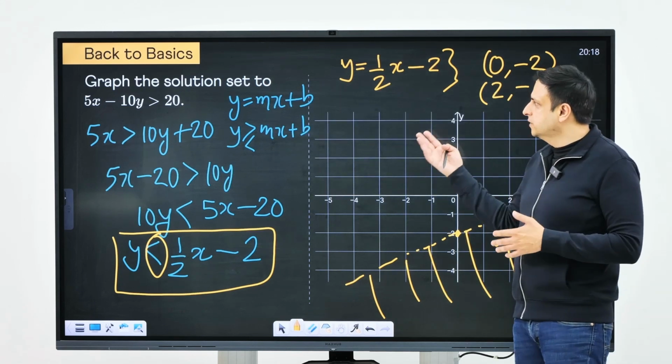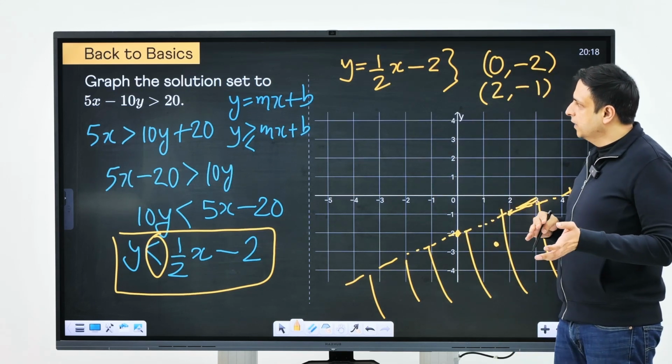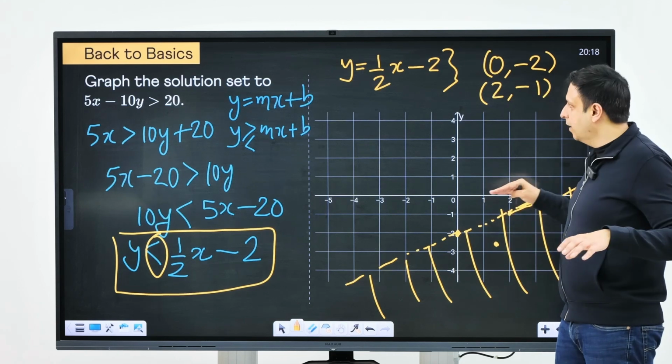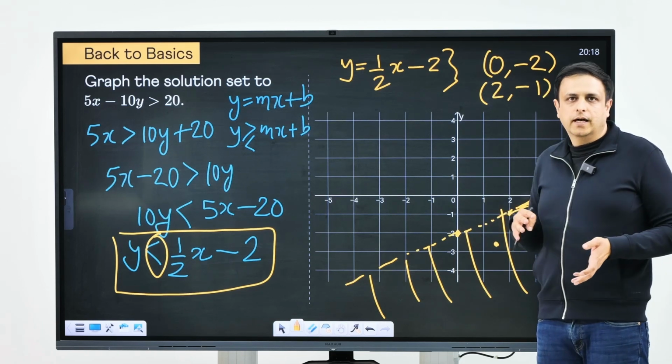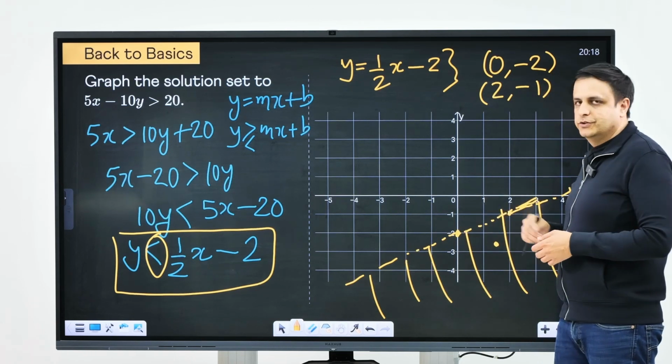So that's how you graph the solution set to inequalities in two variables. You plot the boundary line first, and then you take the appropriate half plane as the solution set.